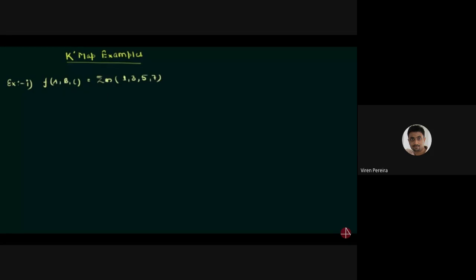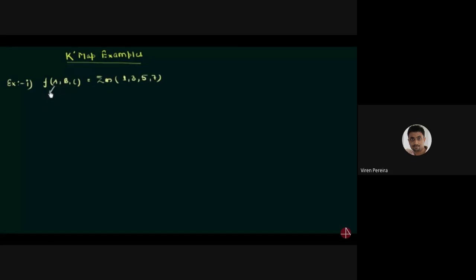This representation is something familiar to you; we discussed it when studying the SOP and POS forms. F represents your function, and A, B, C represents your variables. Remember that this order is very important.